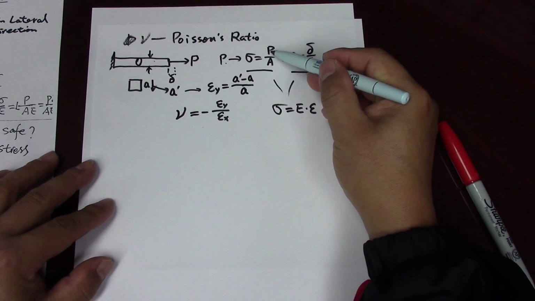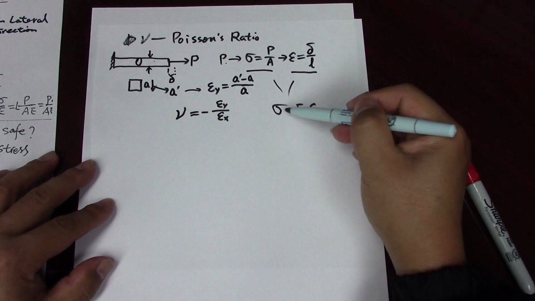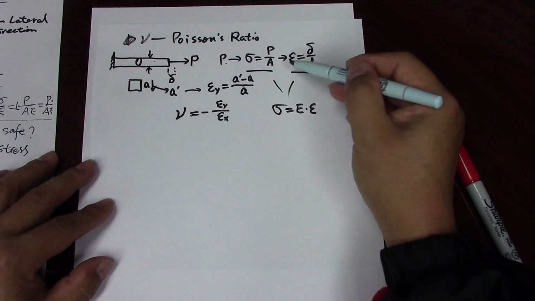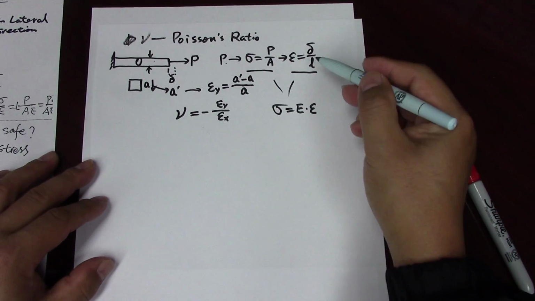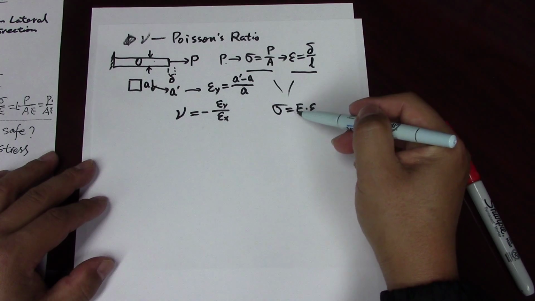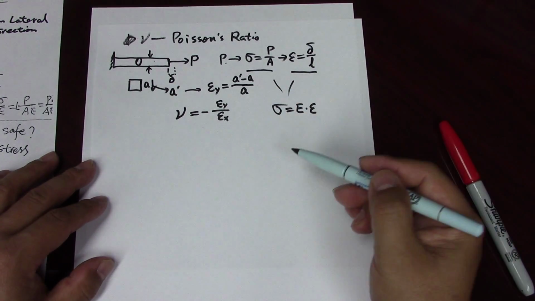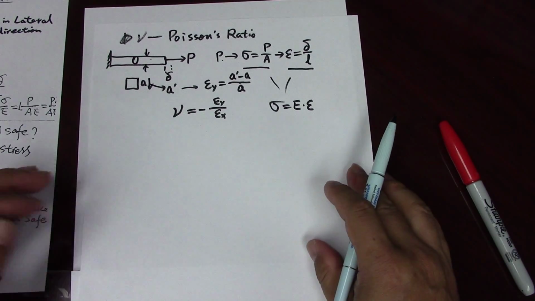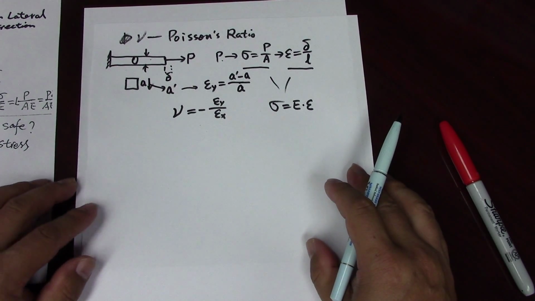So if you know the load, you can determine the stress, and from the stress you can determine the strain, and from the strain you can determine the elongation, or vice versa. You can go from the elongation, determine how much stress, and then you can see how much load you're applying there, all right? We'll have some more discussion later on in chapter 2 about this equation, all right?